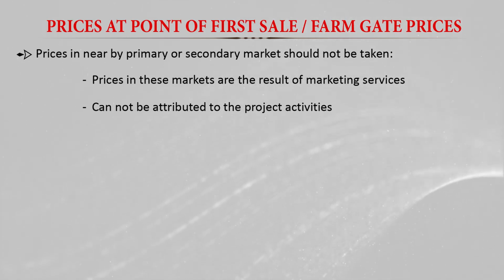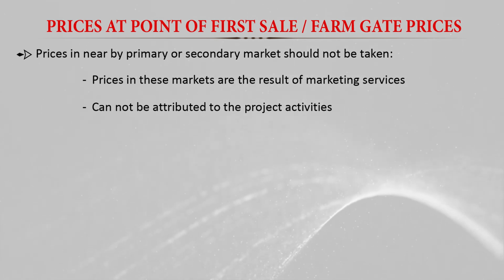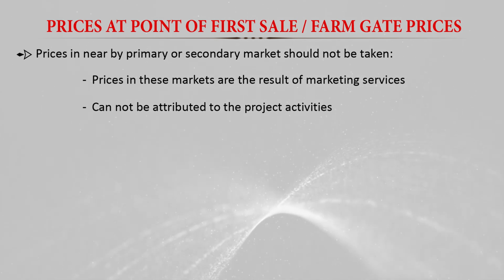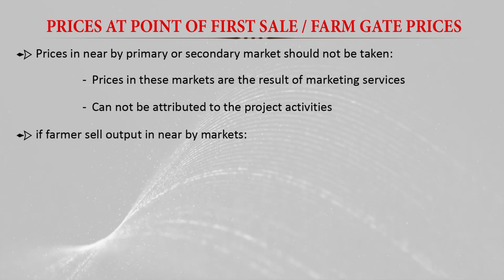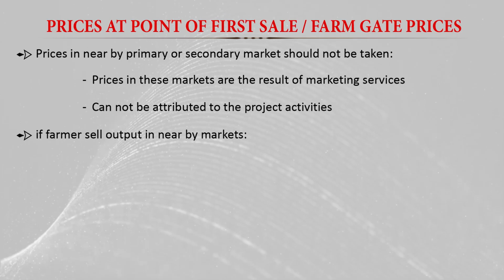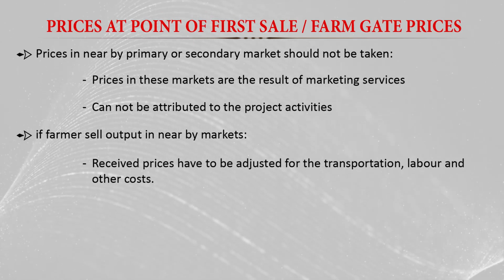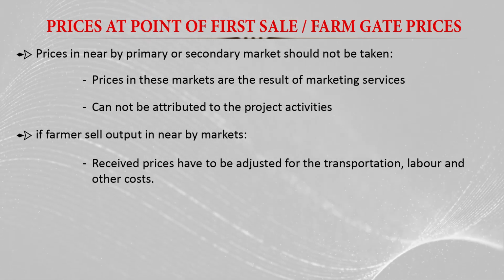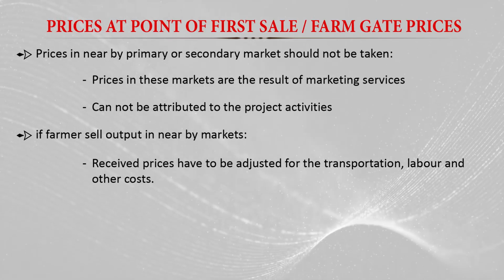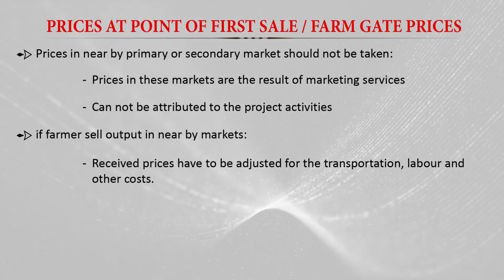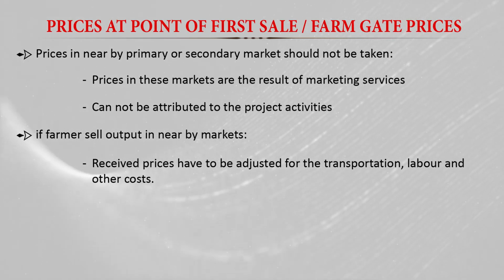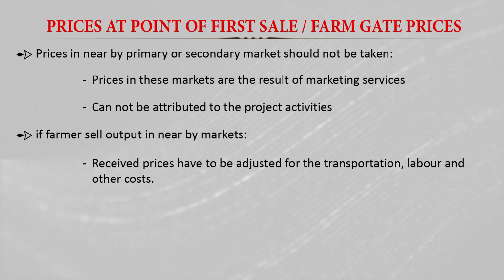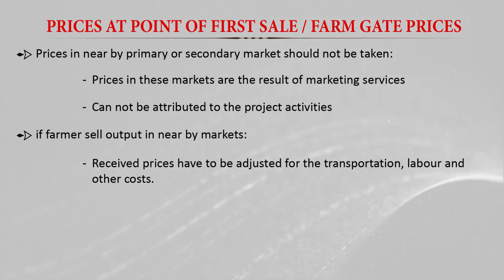So in order to eliminate the other factors in the prices, we should take the prices at the farm gate only. If farmers sell output in the nearby market, then the received price has to be adjusted for transportation, labor and other costs. If you are taking the prices from the primary or secondary market, we have to reduce the transportation cost, labor cost or other types of costs, then only we can get the farm gate prices.